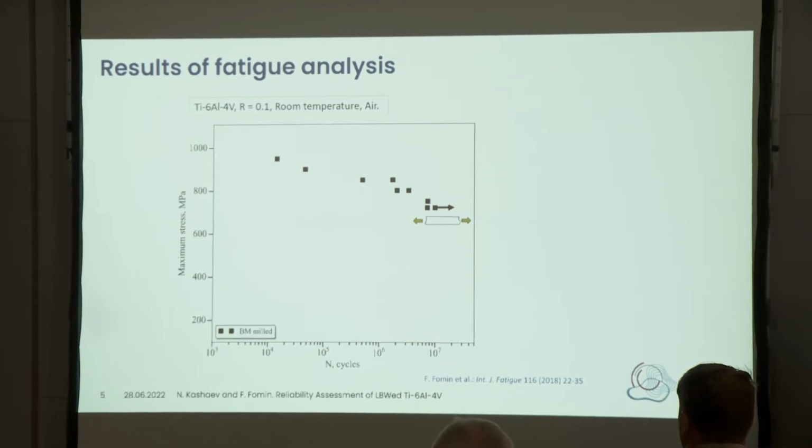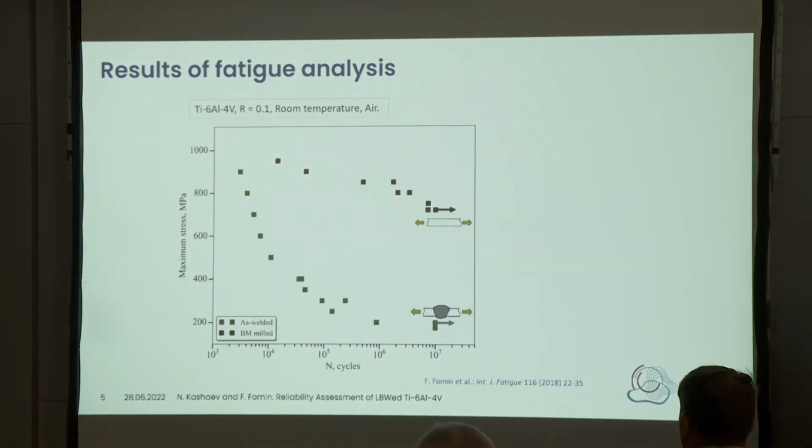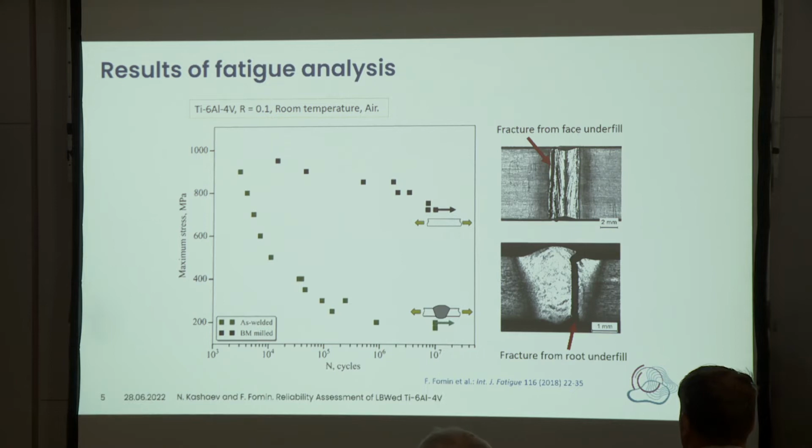If we look at results of fatigue testing for specimens with a weld, a butt joint, and compare with properties of base material, here the base material properties are represented as an S-N curve. Specimens with a weld typically show inferior fatigue behavior. The first reason is geometrical defects, where fracture occurs from root underfill. These are the typical issues, and we also have high notch sensitivity due to martensitic transformation.